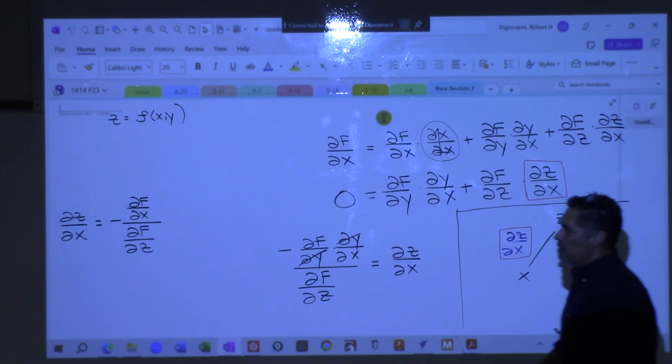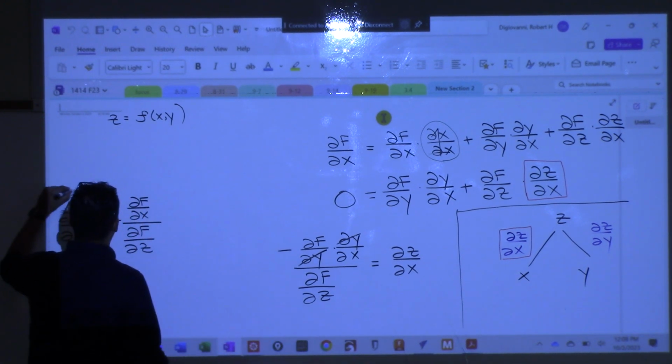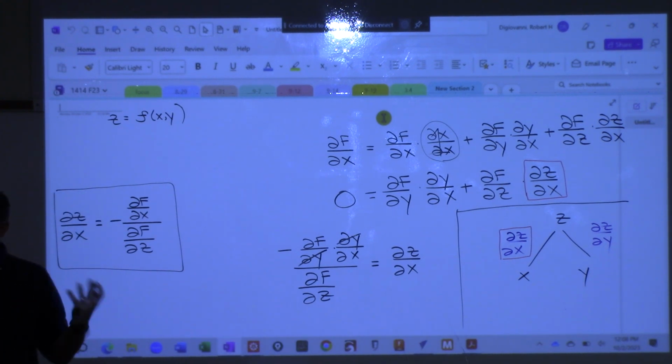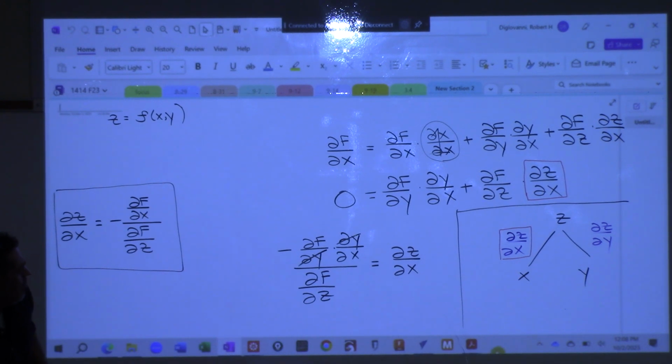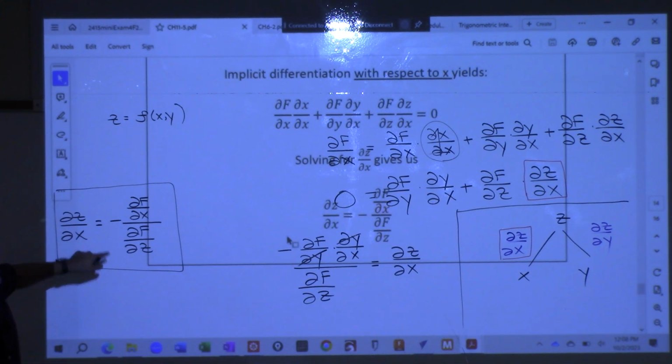This is the big takeaway. All right? You don't need to know this whole process. This is the big takeaway that we're about to use in a moment. All right? Now, I erased the tree, but do you remember that was me just going down the x's? We could do the y's the same way. And if we did the y's the same way, we would get a different formula, and the formula would be almost the same as this.